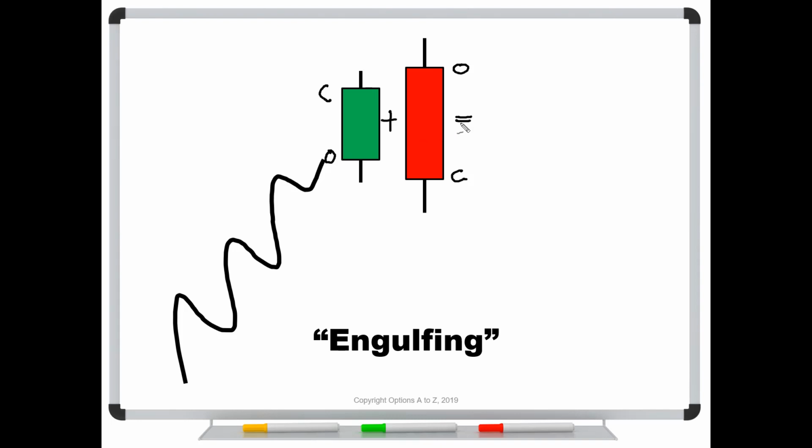So if we're going to combine these, what were the rules? We take the opening trade from the first candle. So I'm just going to extend an imaginary line out this way from my open. That's the opening trade for my new candle. I will take the closing trade from my last candle, in this case because it's a two-day pattern, it is this closing trade right here. And this becomes the bottom of my candle.